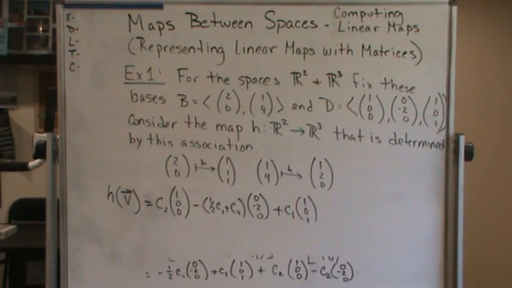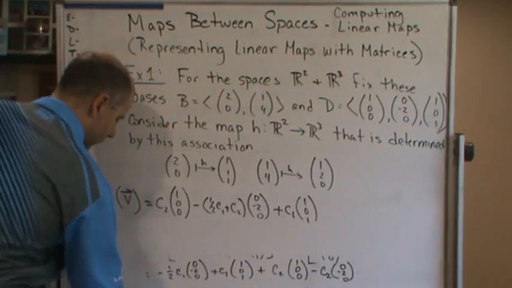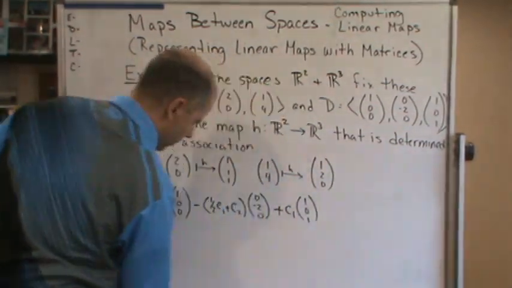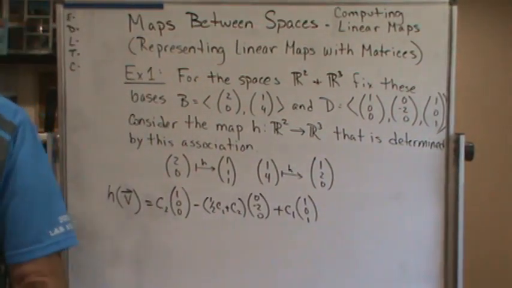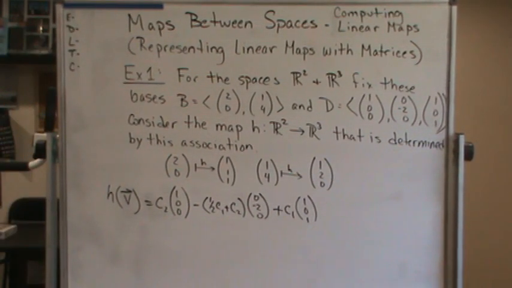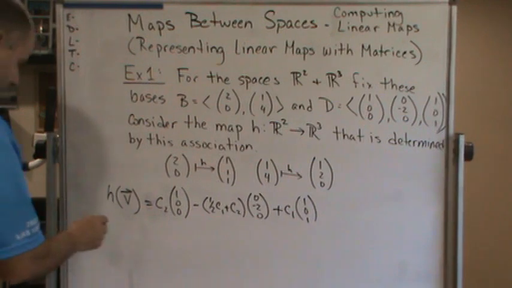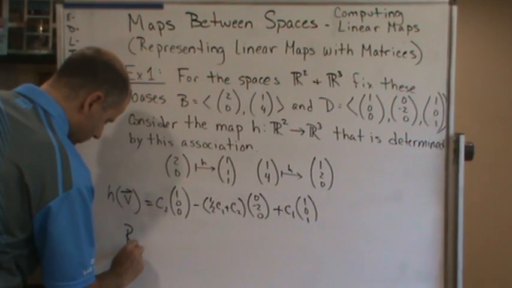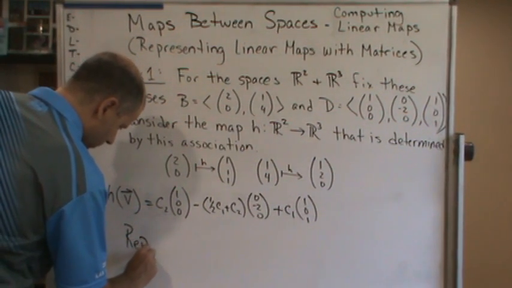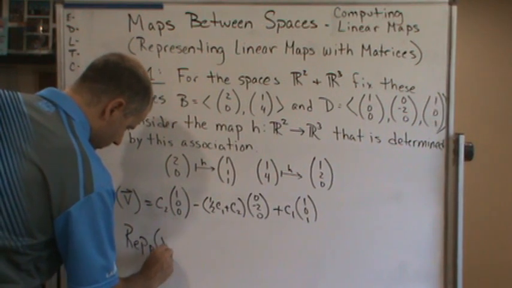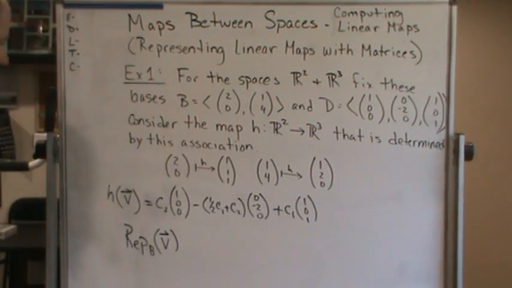And so thus, what do we get? Well, here are the two representations. The representation with respect to B of the vector is just C1 and C2.